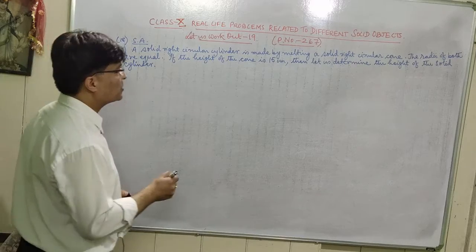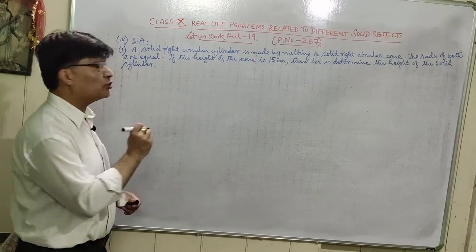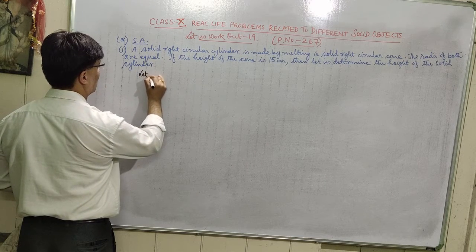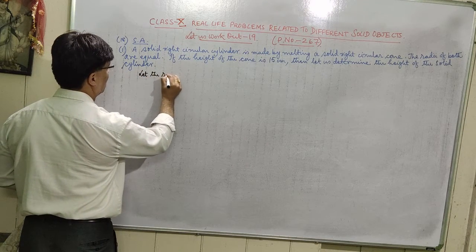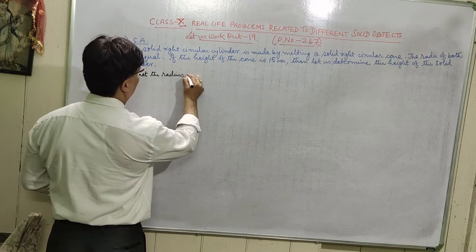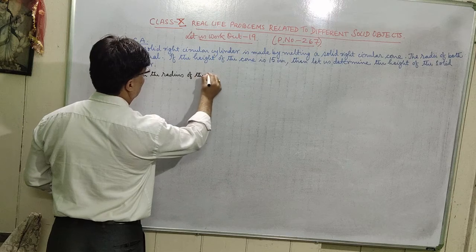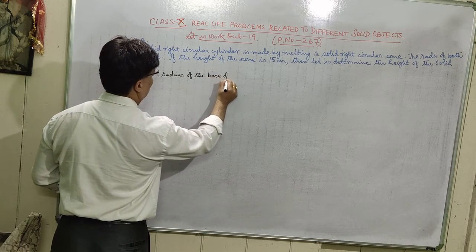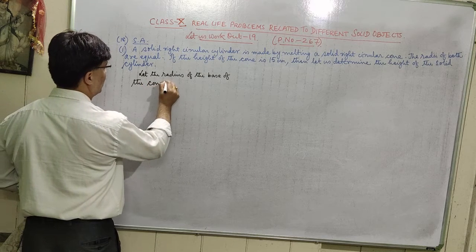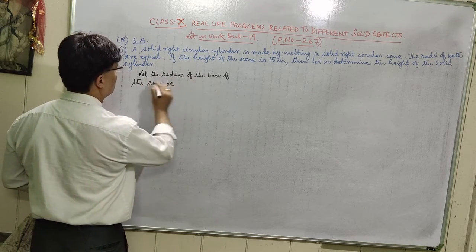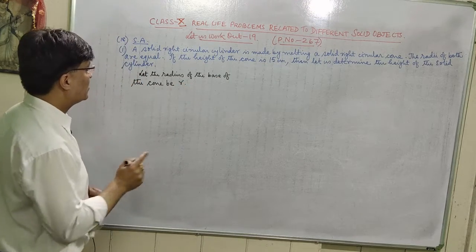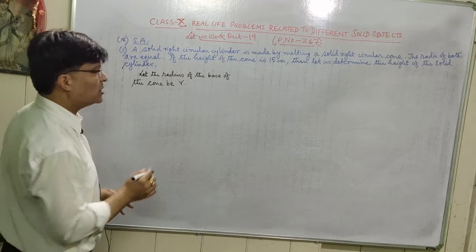So now in this case, the radii of both of them are equal. So let the radius of the base of the cone be R. Okay, let the radius of the base of the cone be R. So what is its height given?